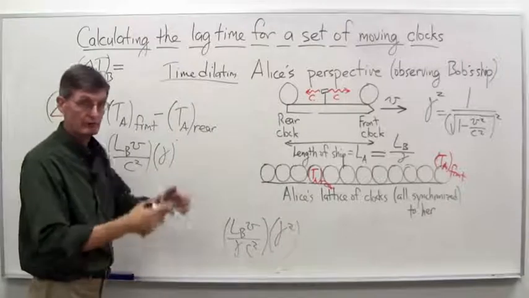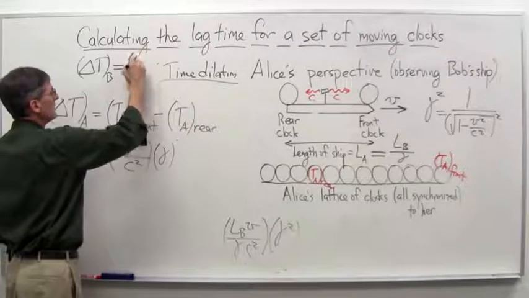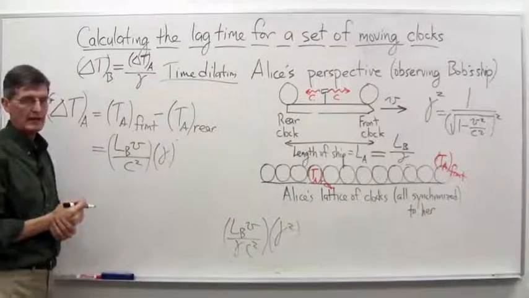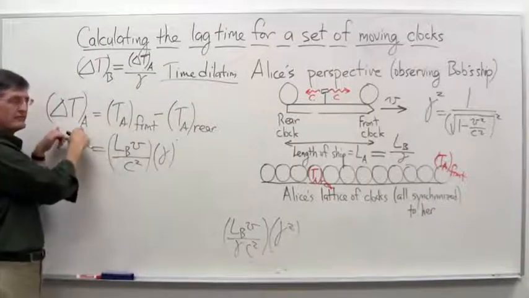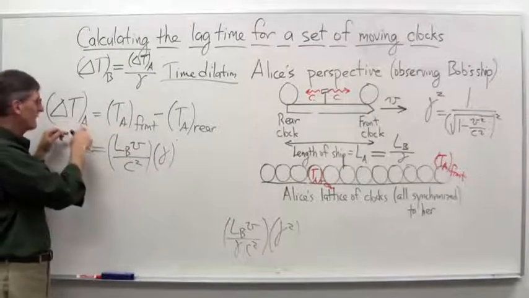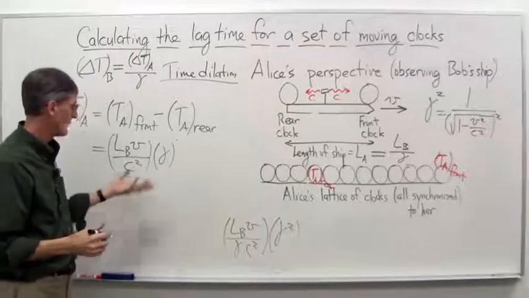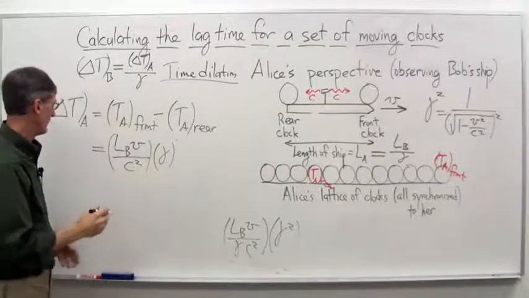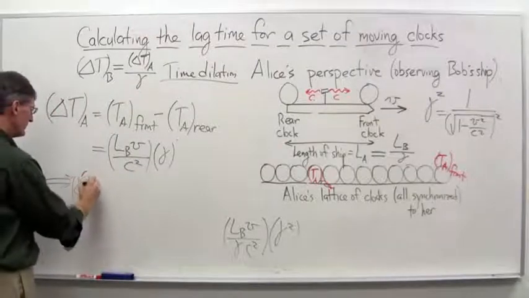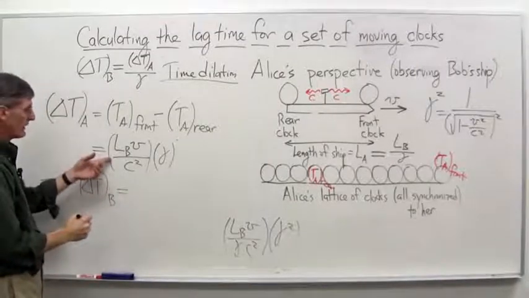Alice observes Bob's clocks running more slowly, and so it's going to be delta t for Alice, whatever a time difference here is, divided by gamma. And what we have here is a delta t, a time difference, a length of elapsed time for Alice. So to get Bob's version on his clocks, we have to take this and divide by gamma. And therefore, this implies that the delta t on Bob's clocks is going to be this divided by gamma.